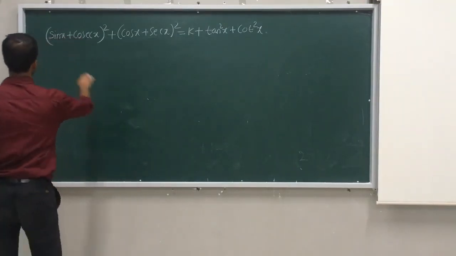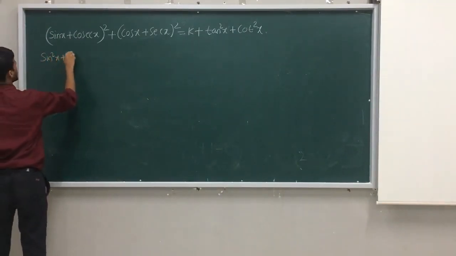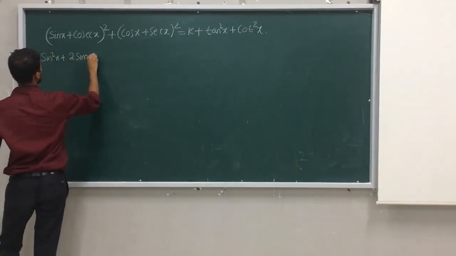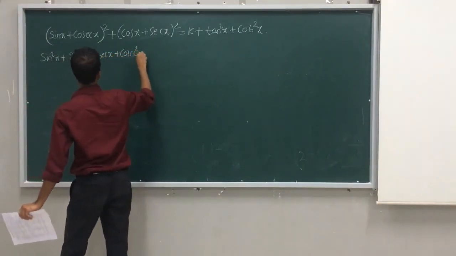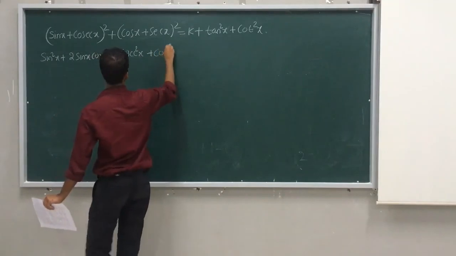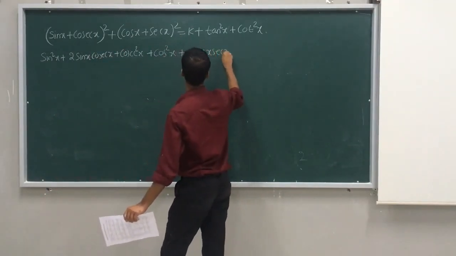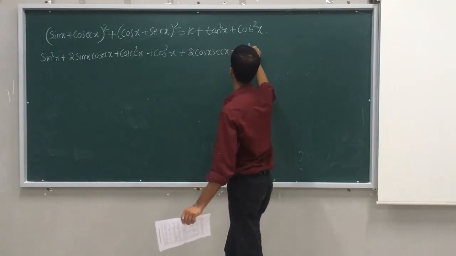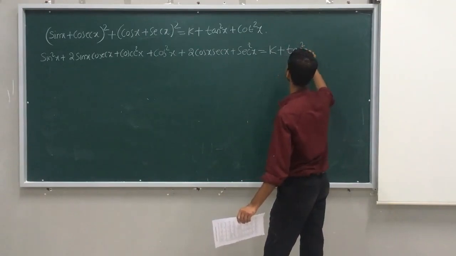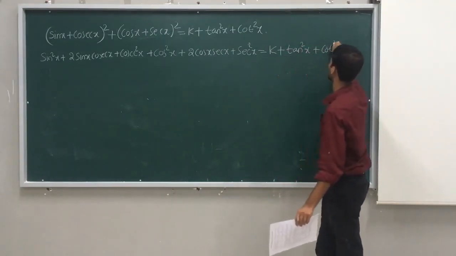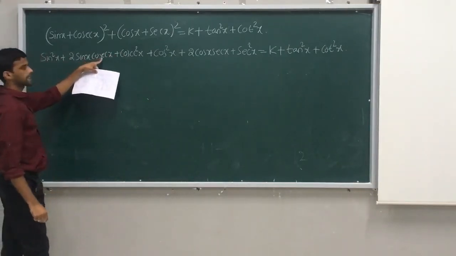Okay, so let me expand this. It is a plus b the whole square, it is a square plus 2ab plus b square. Here a square plus 2ab plus b square is equal to k plus tan square x plus cot square x. Sin theta, cosec theta, they are reciprocal.